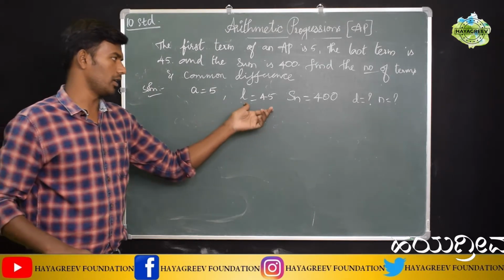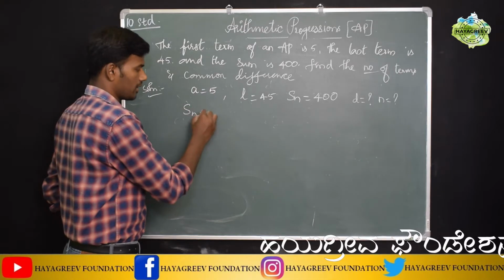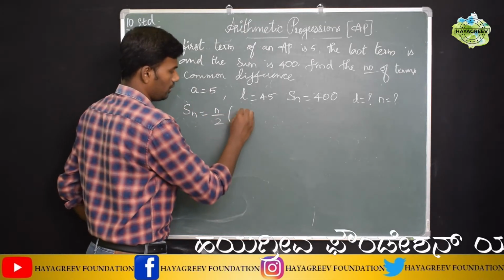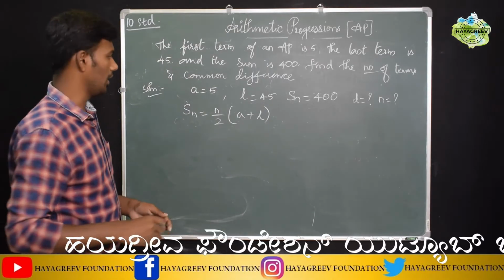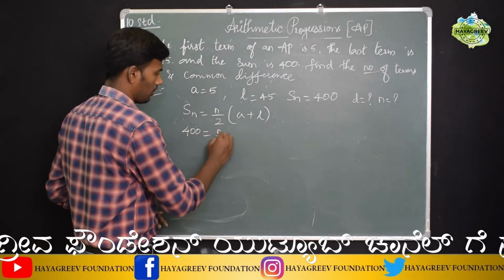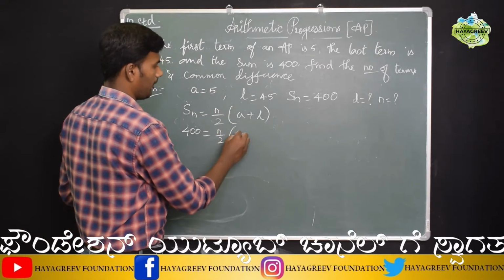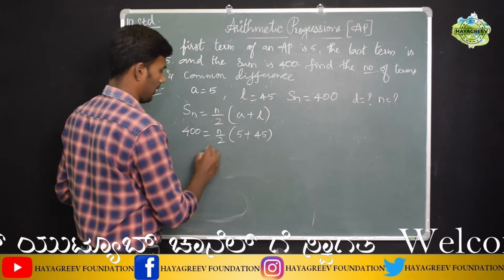It is clear that the last term is given, so we are going to use this formula: Sn is equal to n by 2 into a plus l. Sn is 400, n we don't know, by 2, a is 5 plus l is 45.